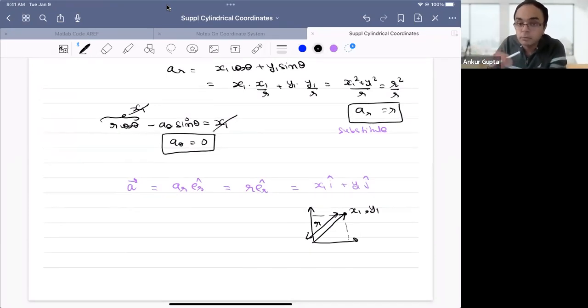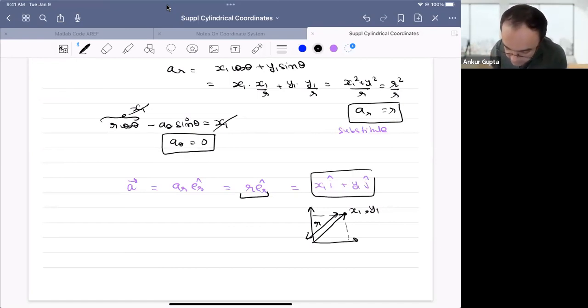So it's a radially outward vector. It's simply a distance multiplied by the vector which goes radially outwards. So basically any vector that is going from the origin to any other point is simply R e_r hat. So this is a compact way to write it. Instead of writing like this, you can write simply R e_r hat.